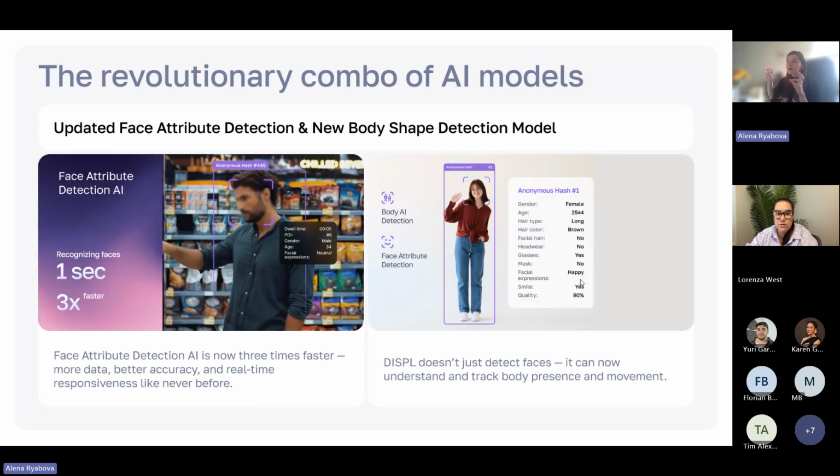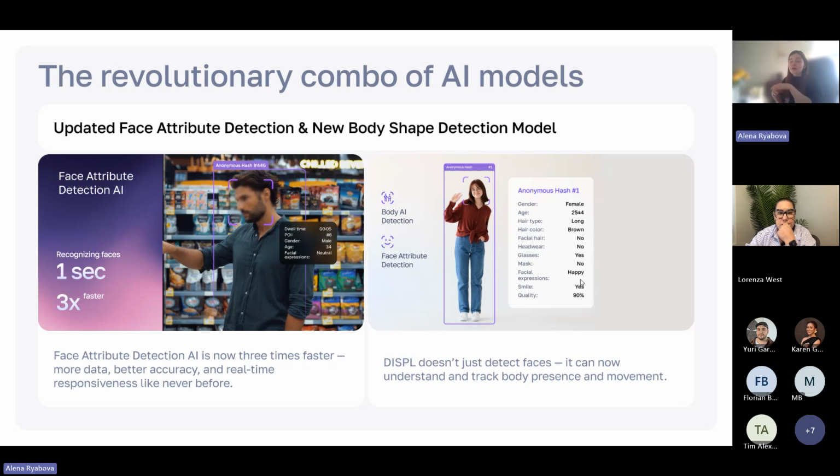Let's now talk about these two, face and body detection models. Why? Because this is what DISPL is focused on. And why I want to highlight these two models is because the way we work with data is we combine face detection with body detection.